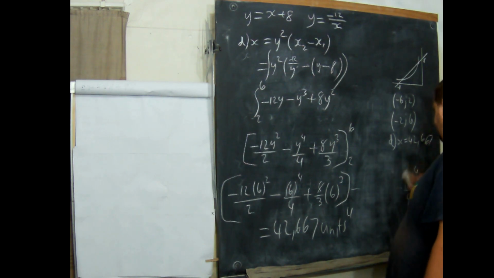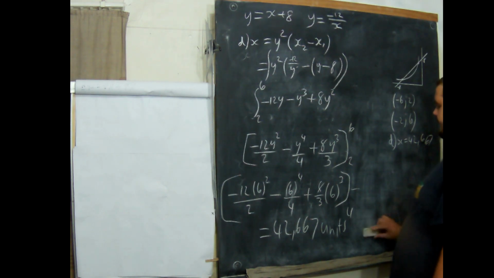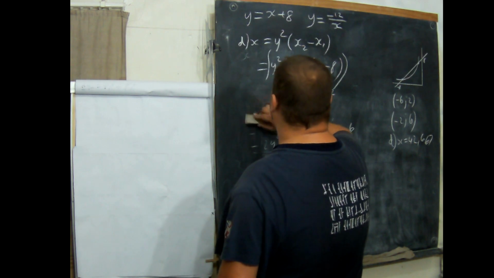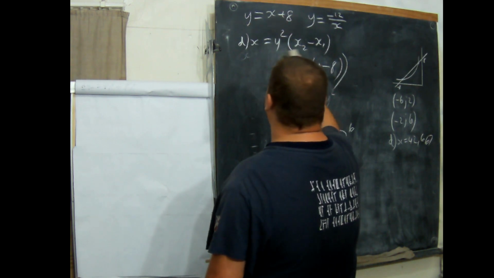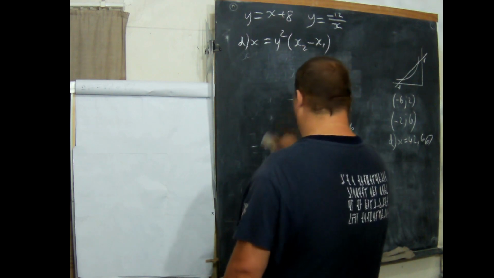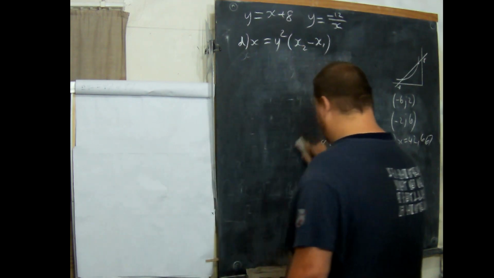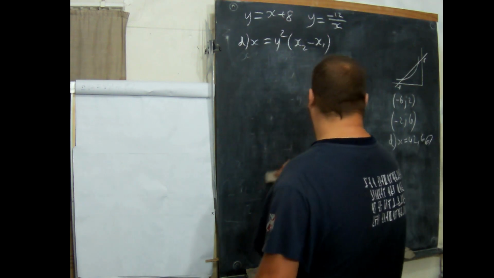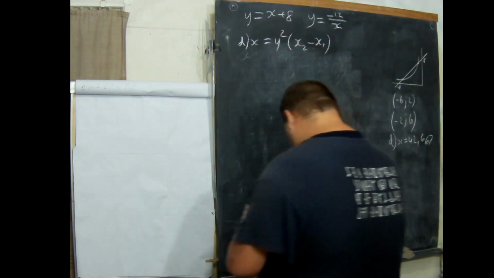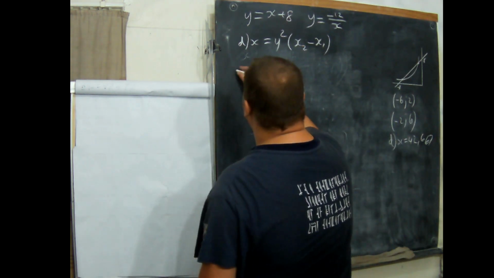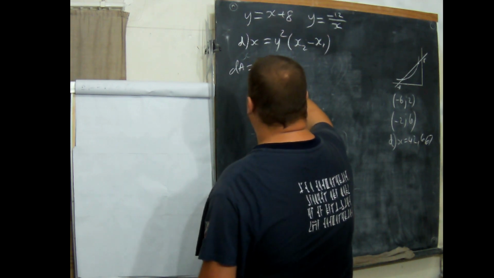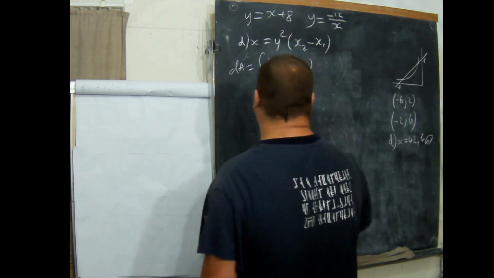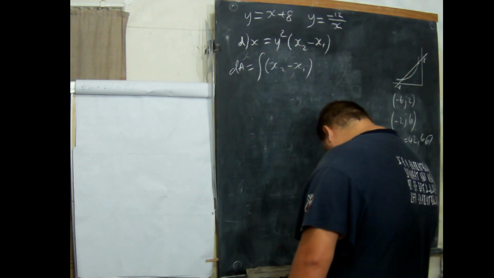So we take this away and we calculate area. All we have to do is x2 minus x1.